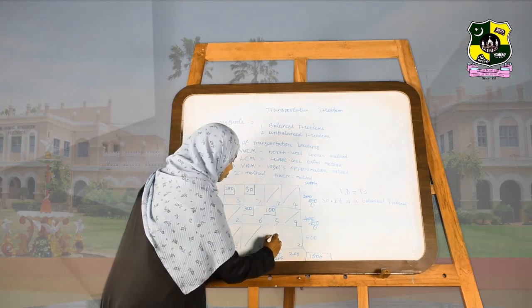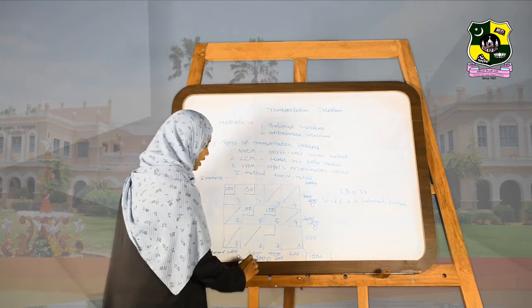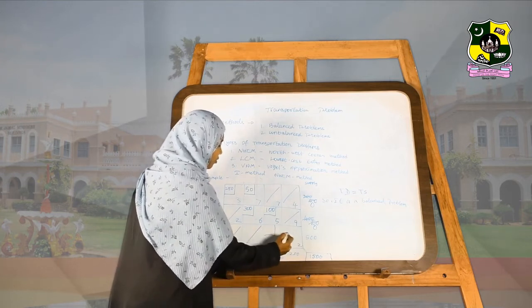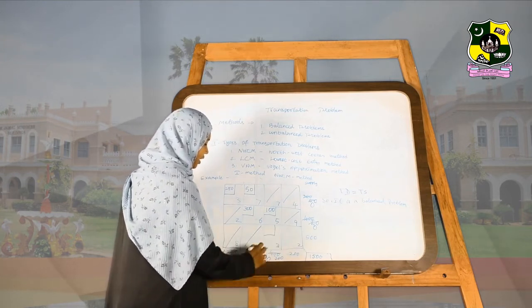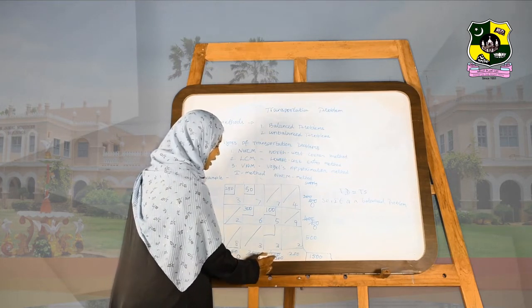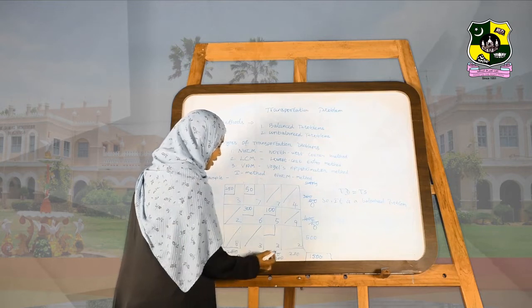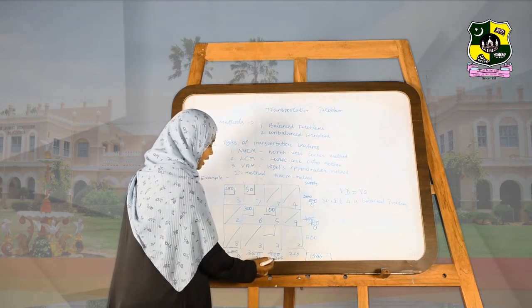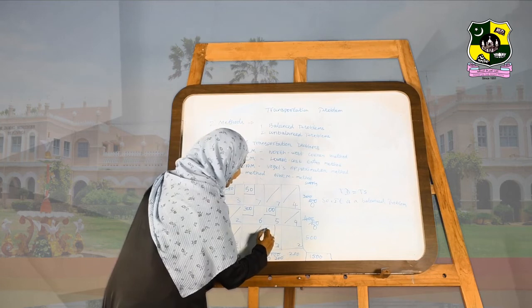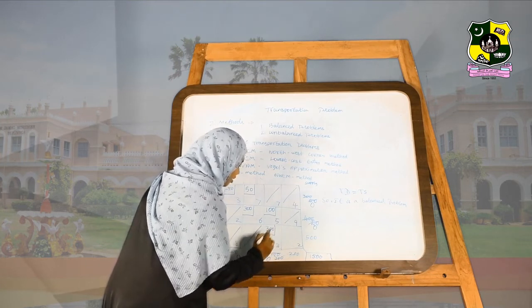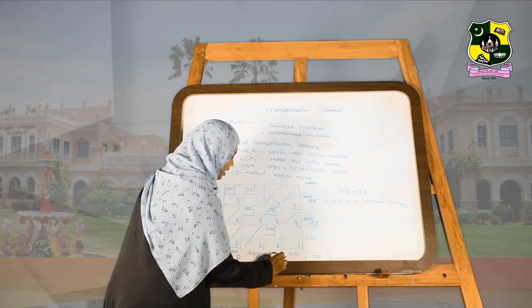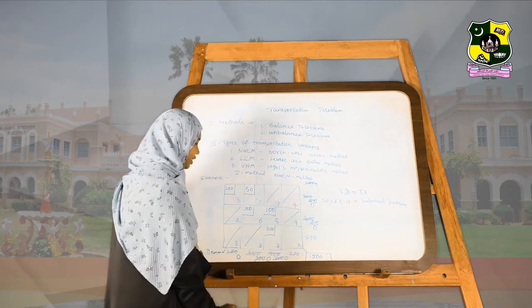Next step, go to the north-west corner. Only 2 cells are remaining. The least value is taken. The supply value is 500 and the demand value is 300. The least value is 300, so assign 300. The remaining value is 0.